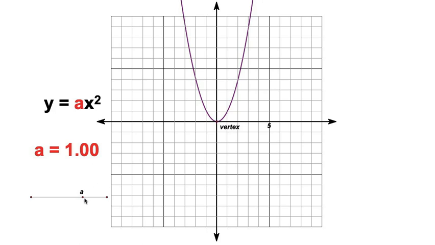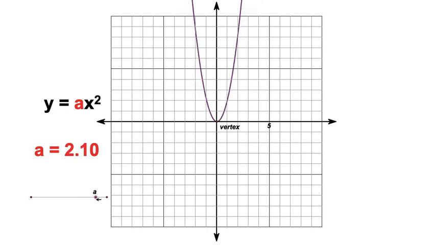But we know that if we change this coefficient and make it bigger, it gets steeper. That's y equals 2x squared. 1 squared is 1 times 2 is 2. 2 squared is 4 times 2 is 8. So we're up there at 2, 8. And we remember doing that.